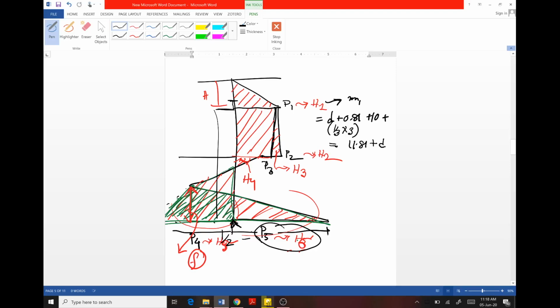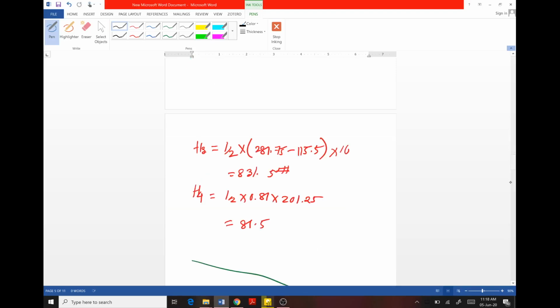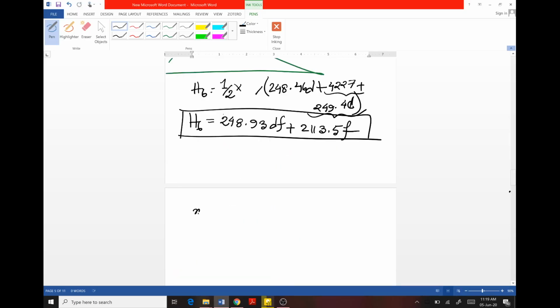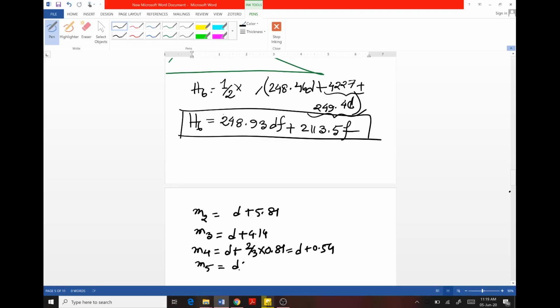In the same way we can find the lever arms of all the horizontal forces: m2 is d plus 5.81, m3 is d plus 4.14, m4 is d plus 2/3 of the total height, d plus 0.54, m5 is equal to d by 3, and last of all, m6 is 1/3 of m3.